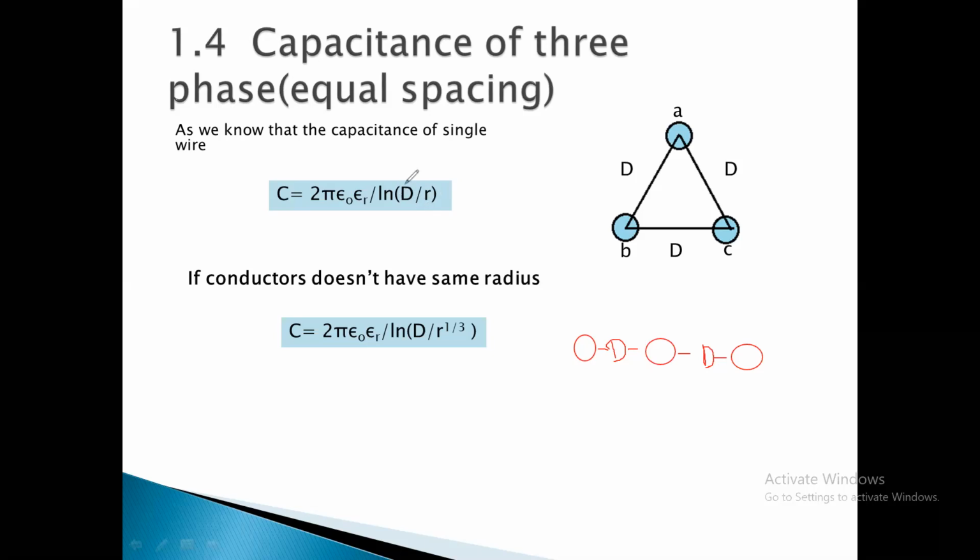I have to calculate mutual GMD, because the distance from A to B is the same, but the distance from A to C is changing. Here, the distance from A to B is also the same, A to C is also the same, but here the distance is changing. So, for example, this is 3 meters, so the distance from A to C is 6 meters. Then what you have to do is calculate the mutual GMD for A. I can write DA.